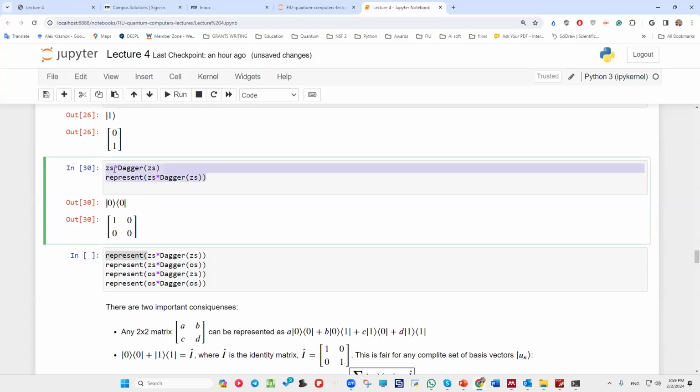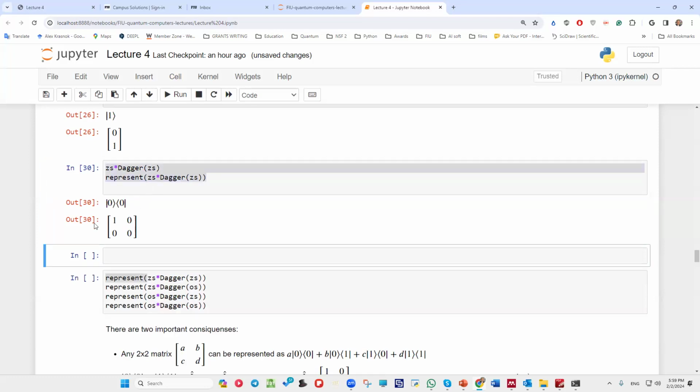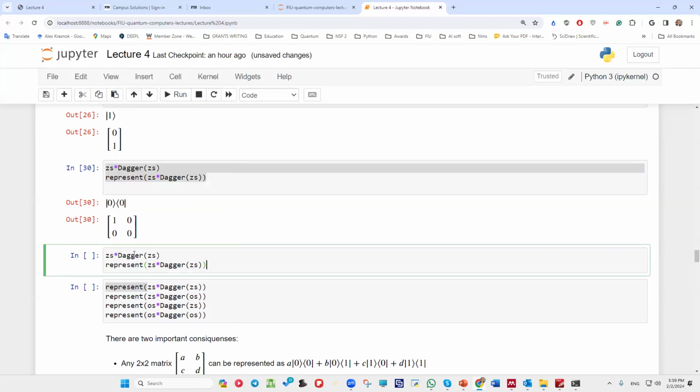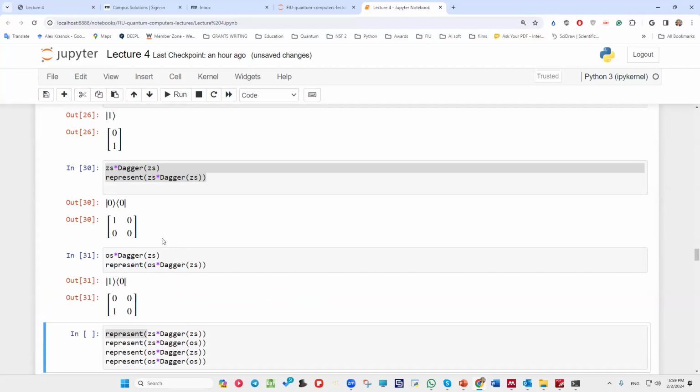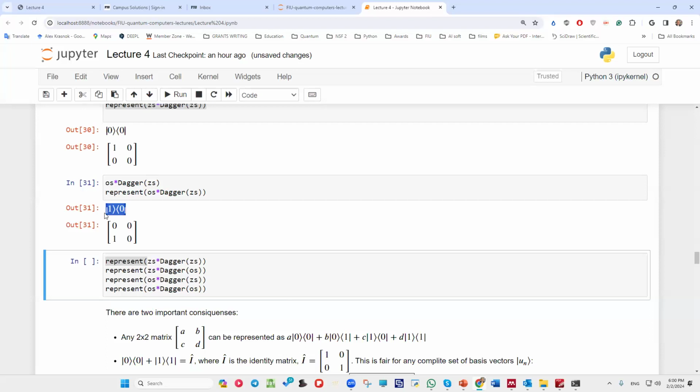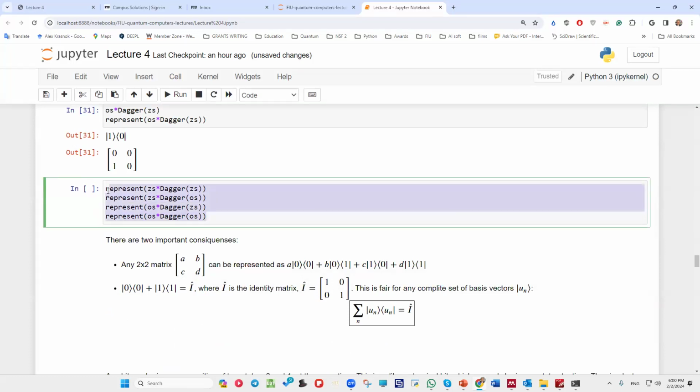Similarly, if I consider another one, the state 1 times the 0 state, the result is here. This is the matrix representation of the same thing. And for completeness, I put all 4 combinations here.